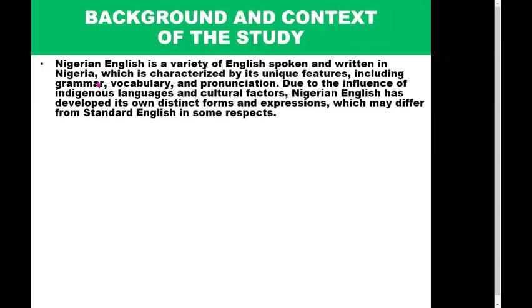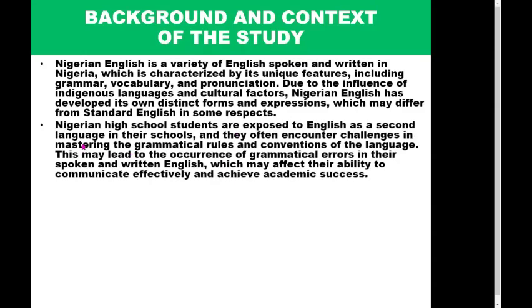Now listen attentively. Nigerian English is a variety of English spoken and written in Nigeria, which is characterized by its unique features, including grammar, vocabulary, and pronunciation. Due to the influence of indigenous languages and cultural factors, Nigerian English has developed its own distinct forms and expressions, which may differ from standard English in some respects.